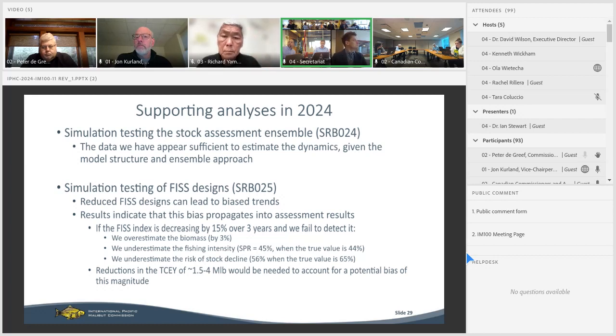And that would translate, for a 15% bias in the FIS, to about a 9% bias in the risk of stock decline and perhaps a 1% bias in fishing intensity. So I think that would be the way to consider this information as a supplement to the standard harvest decision table that you'll have in front of you.